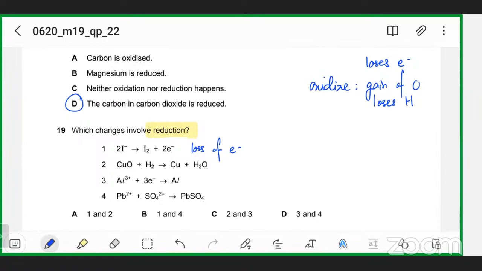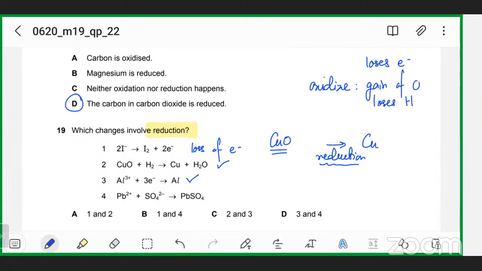Does it involve a reduction? Second one में copper oxide is turning to copper, right? Yes. That's a loss of oxygen, right? So loss of oxygen is what? Reduction. So that involves reduction. What about 3, sir?